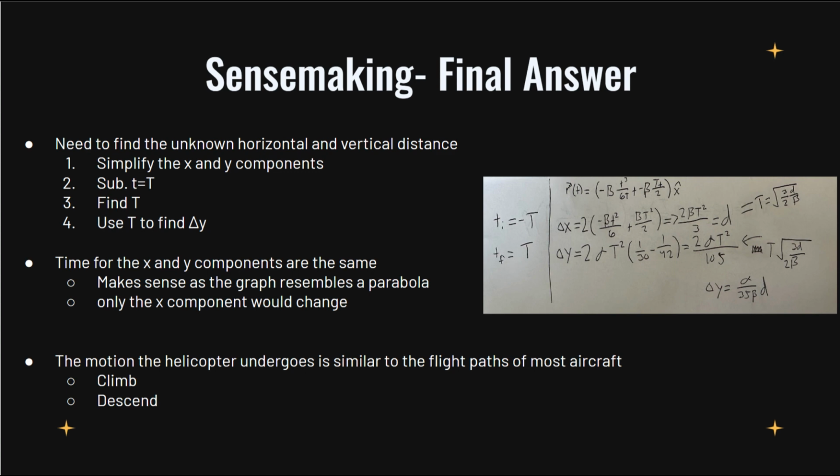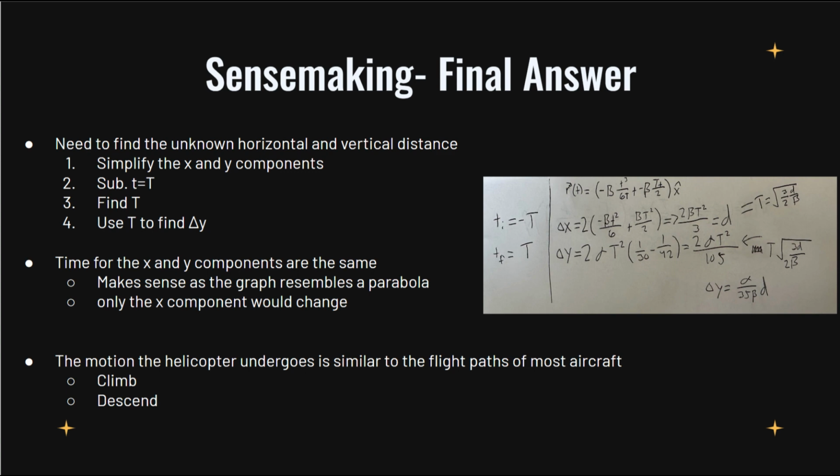Now, the x and y components are eventually going to end up in the same spot, horizontally and vertically, because as mentioned previously, especially in the motion graph, the helicopter takes off, goes up, then drops down, and eventually ends up on what we set as the horizontal axis, at y equals 0.